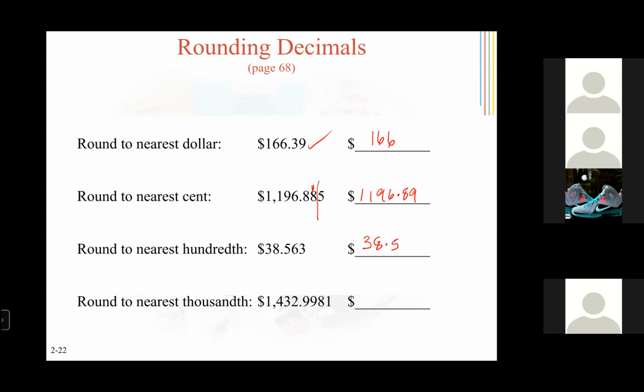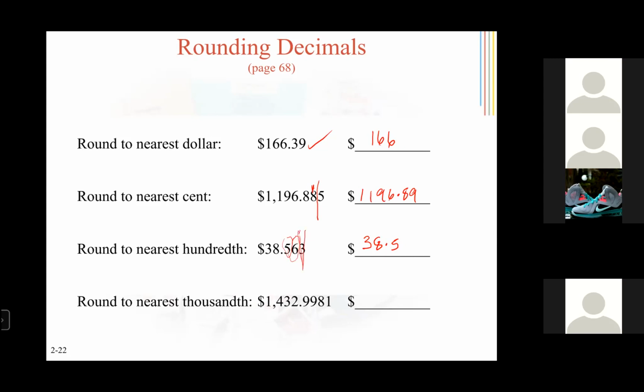Why you say 5? You have the 5 is in what place? The tens. Tenth. Okay, the 6 is in the hundredth. So you want to go to the nearest hundredth, so you're going to stop right there.